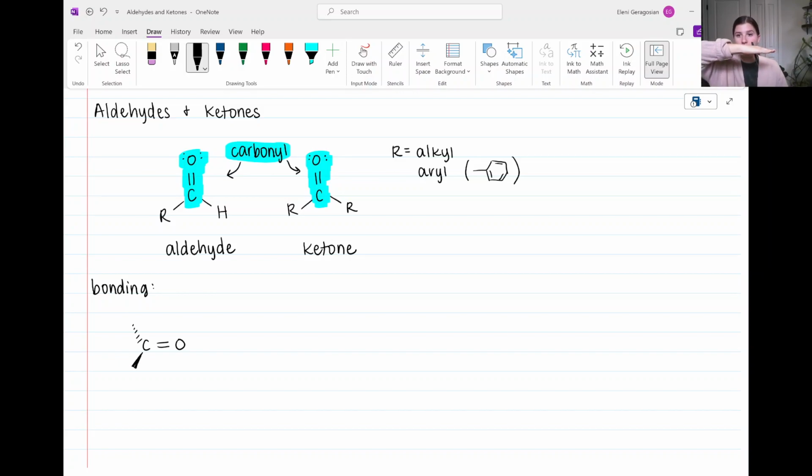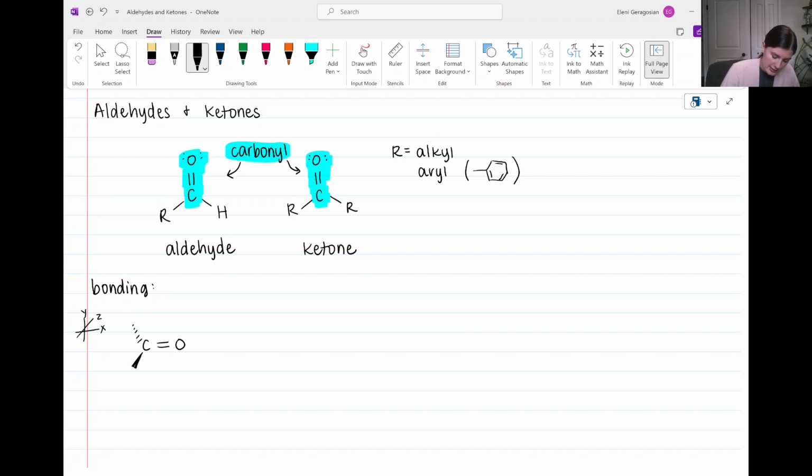So we're looking at it in a flat orientation where, let's say we have an X, Y, and Z plane, the carbon and oxygen are along the X axis, and then the other two bonds are along the Z, going away from us and coming towards us.